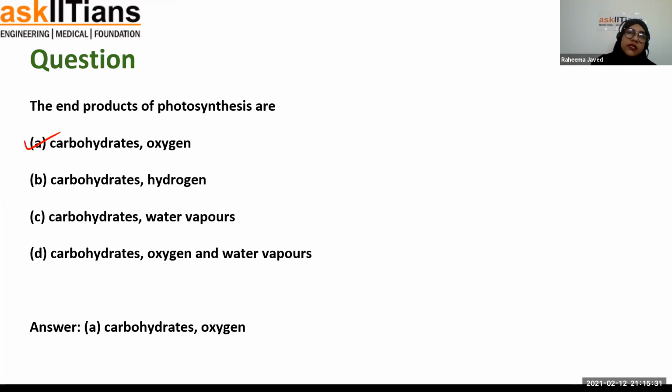And when NO2 minus ions are converted into NO3 minus ions, the process is done by nitrobacter. So this is a question that can be important for Olympiads or any other entrances that you might be interested in taking up at this stage.